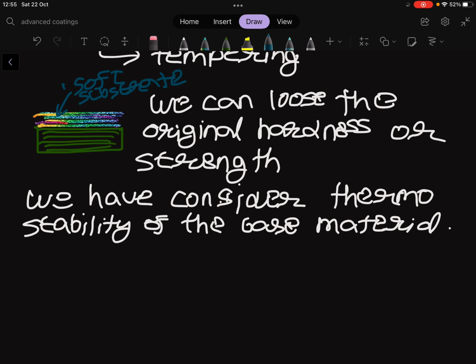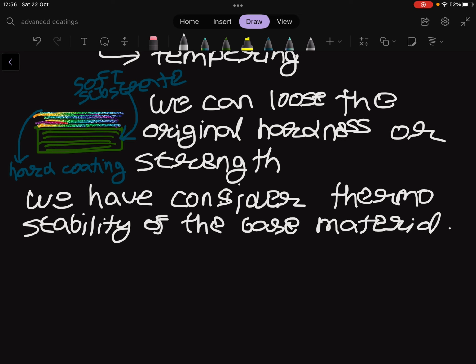This one is the soft substrate, excuse me. This one is the soft substrate and this one is the hard coating. So overall we have to combine a hard coating with a soft substrate.